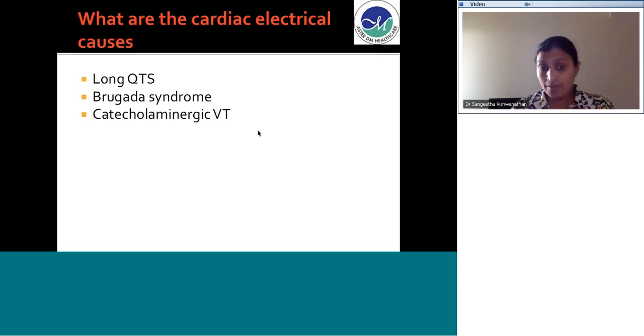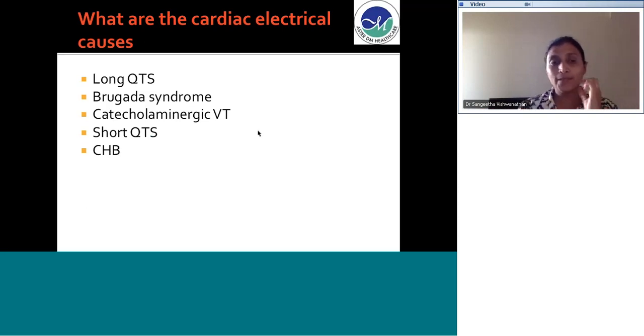But what happens is that it runs in families. Even minor exercise can precipitate VT, and this can result in sudden cardiac events. So that's important. These patients are usually treated with nadolol, a beta blocker, and then exercised after beta blocker to make sure that they don't have any such episodes.